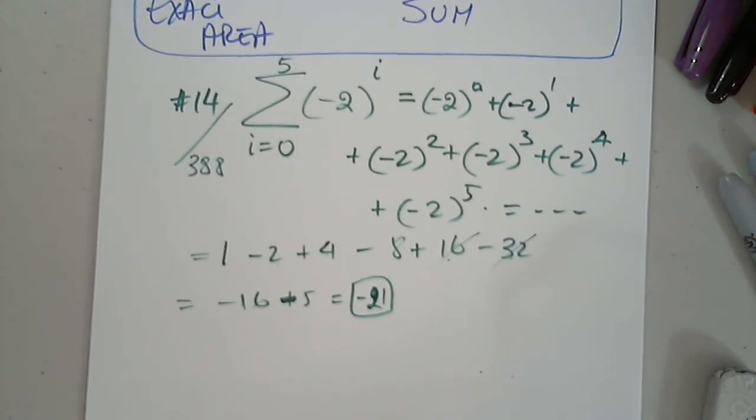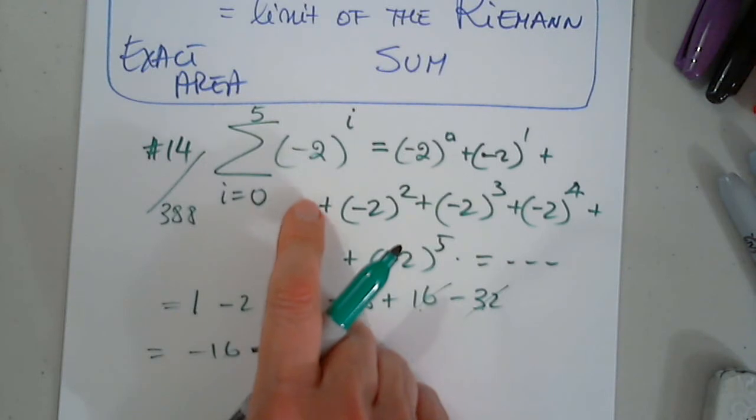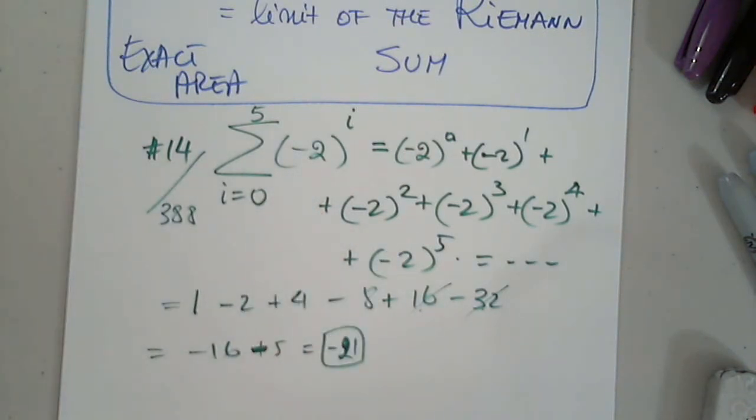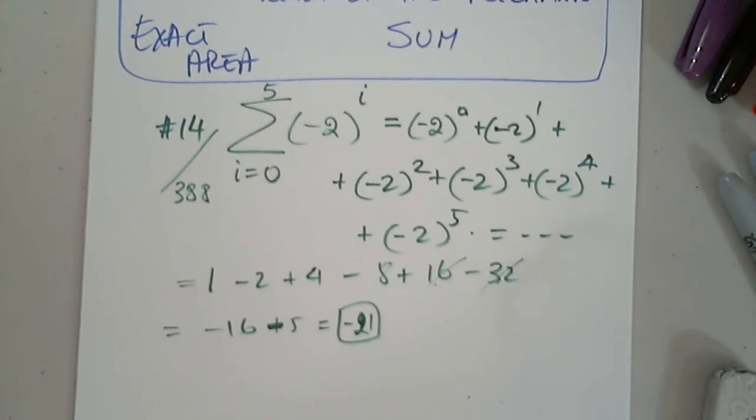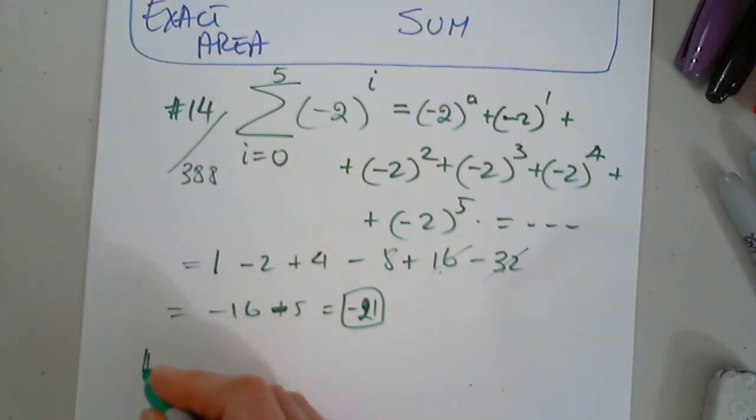Okay. Is the idea of the summation clear, how we use the summation notation? Yes? Okay. So now I would like to determine any cost function. Let's say like problem 20 on page 389.